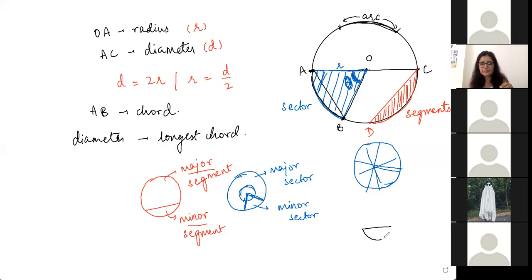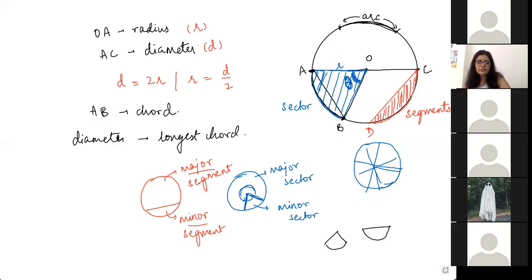Something like a watermelon slice, for example, that's a segment. A pizza slice, enclosed between two radii, is a sector. Something like this is a sector. So these are the basic parts. This chapter is all going to deal with perimeter and area related to these parts of the circle, either the entire circle or a sector or segment.